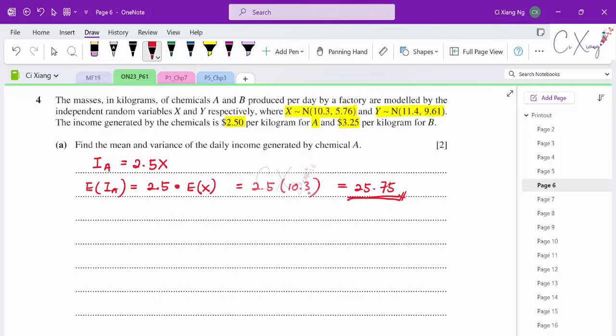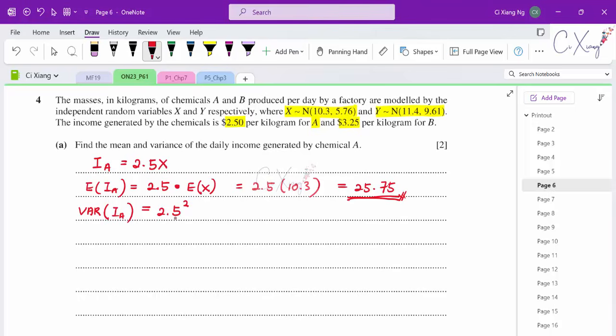Then after that, the question wants us to calculate the variance for the daily income. So now I want to calculate the variance. To get the variance, it is the variance of 2.5X. When you want to take out the 2.5 from the variance, you have to square it, because this is multiplication, 2.5 multiplied with X. Therefore, I take out the 2.5 and at the same time square it.